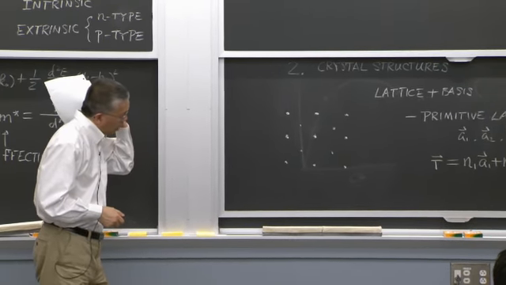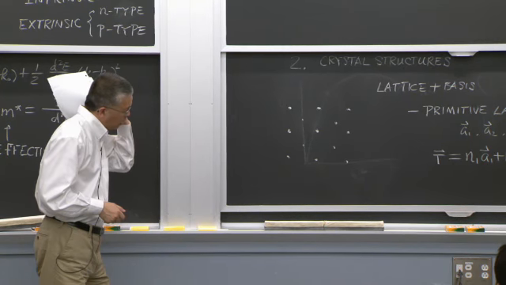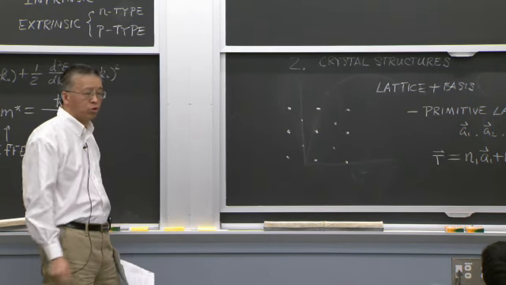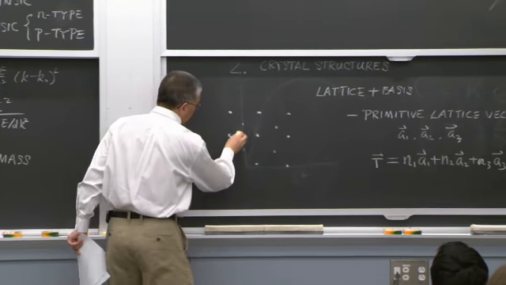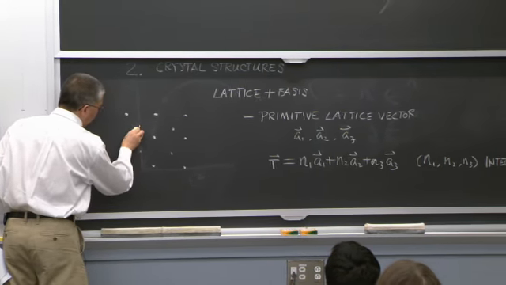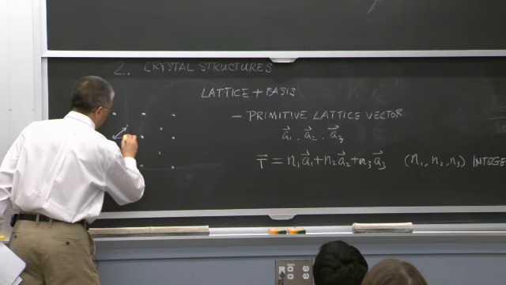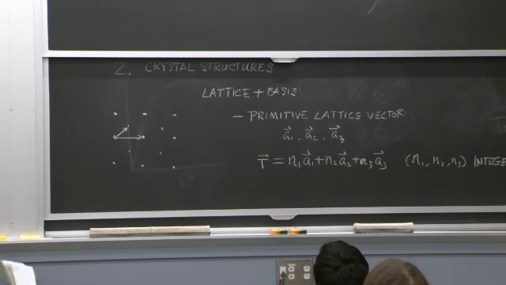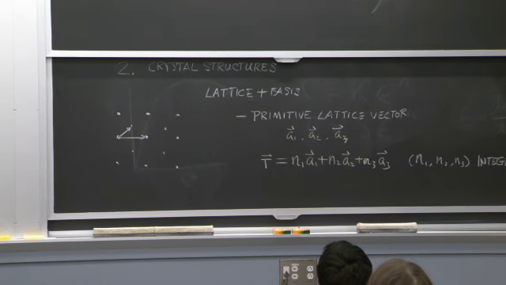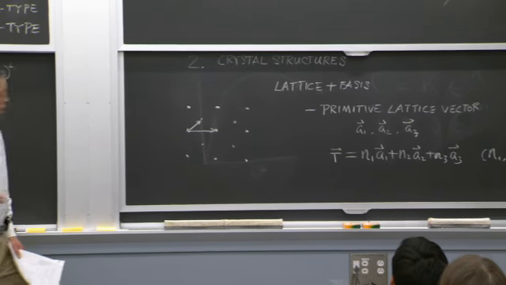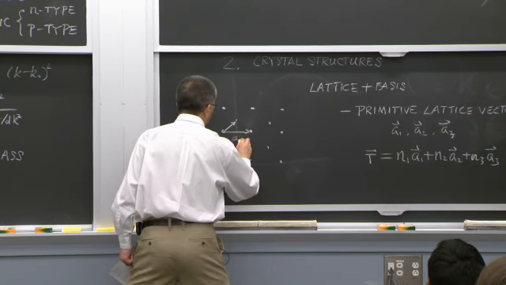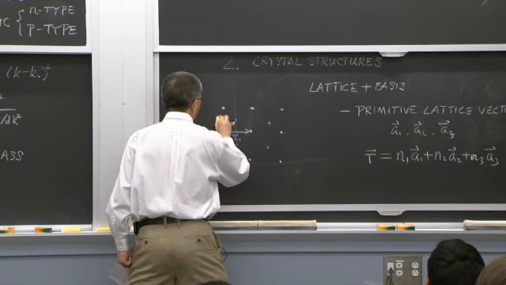And the problem is, if I look at this 2D lattice, I have different ways to choose the primitive lattice vectors. Here is one way. If I have this one and this one, I can use the linear combination of these two to reach any other point, right? So this is, let's say, A1, and this is A2.